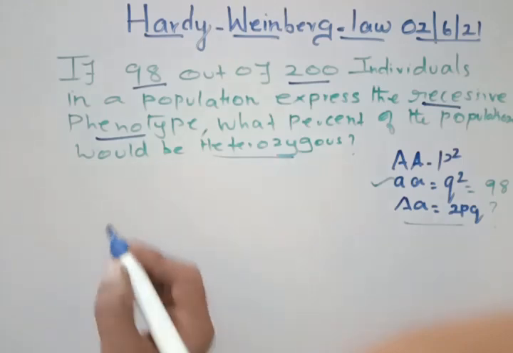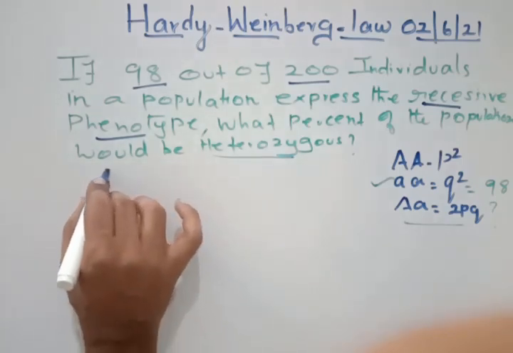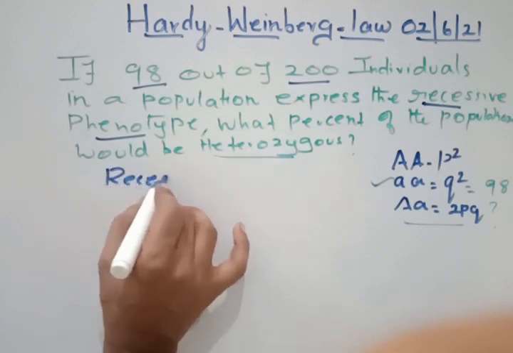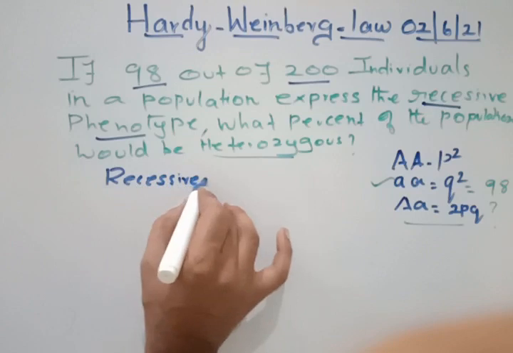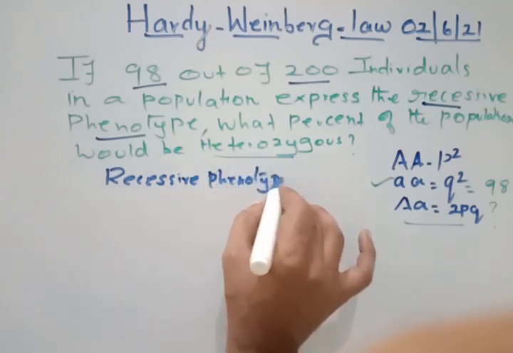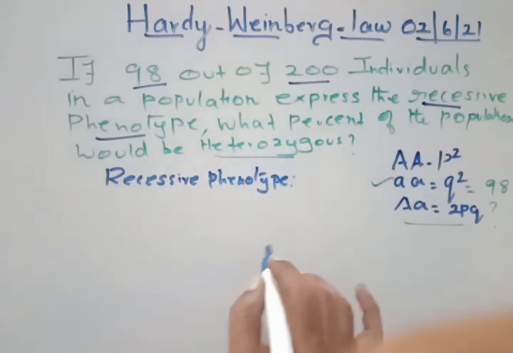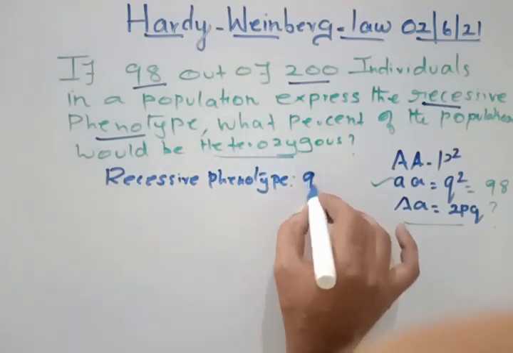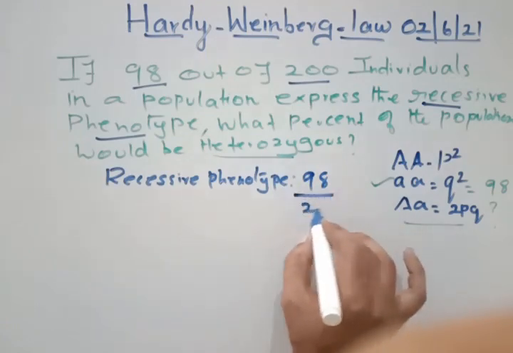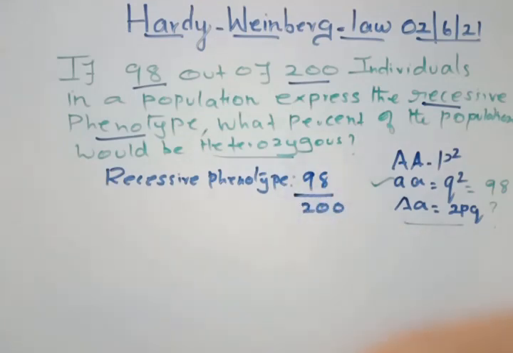First, what they have given is the recessive phenotype. The recessive phenotype is 98 out of 200 individuals.